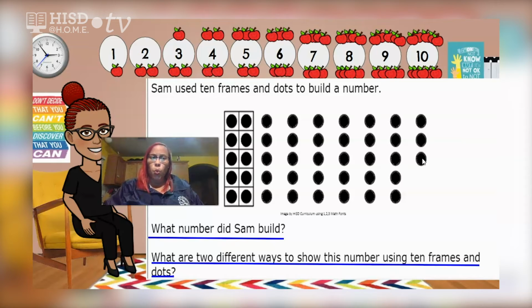Sam used 1 ten and 33 ones to build this number. What number is 1 ten and 33 ones? That means if we have 33, we have to add 10 more to it.